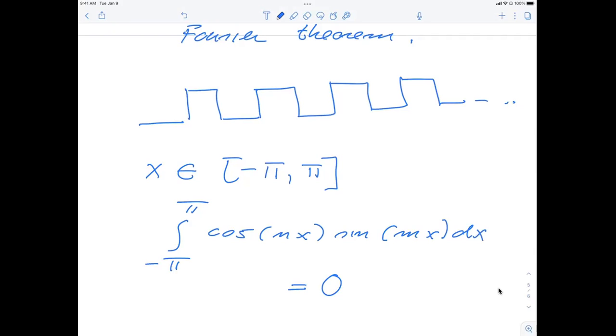The whole basis for this Fourier analysis are actually properties like these integrals. Sine is an anti-symmetric function. Does that say something to you guys? And cosine is a symmetric function. So when you have a symmetric times an anti-symmetric, it becomes anti-symmetric. When you integrate it, you have two symmetric pieces around zero, and they cancel each other. So that's an intuitive way of thinking of it.